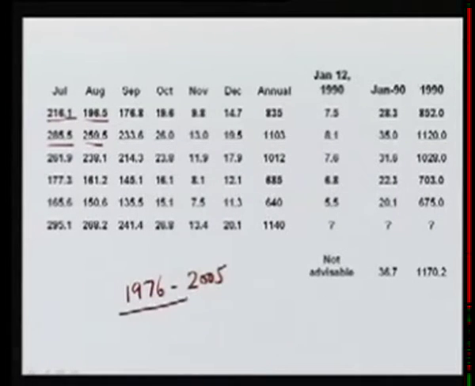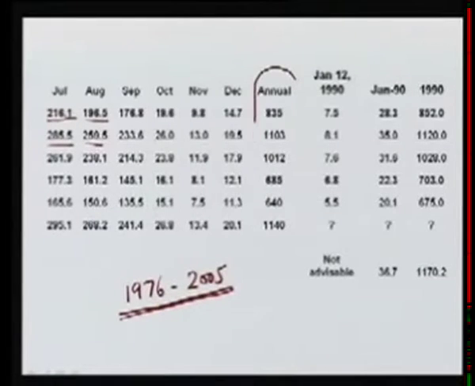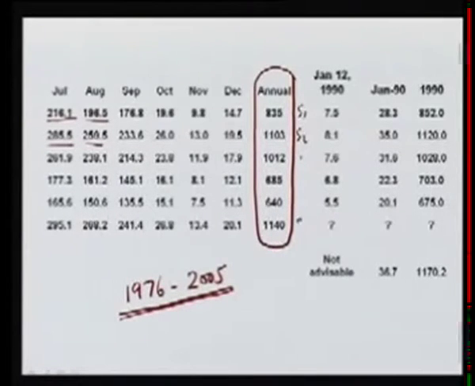Using this 30-year data, we can find out the mean monthly precipitation as well as the mean annual precipitation. This shows us the mean annual precipitation at the stations S1, S2 up to S6.